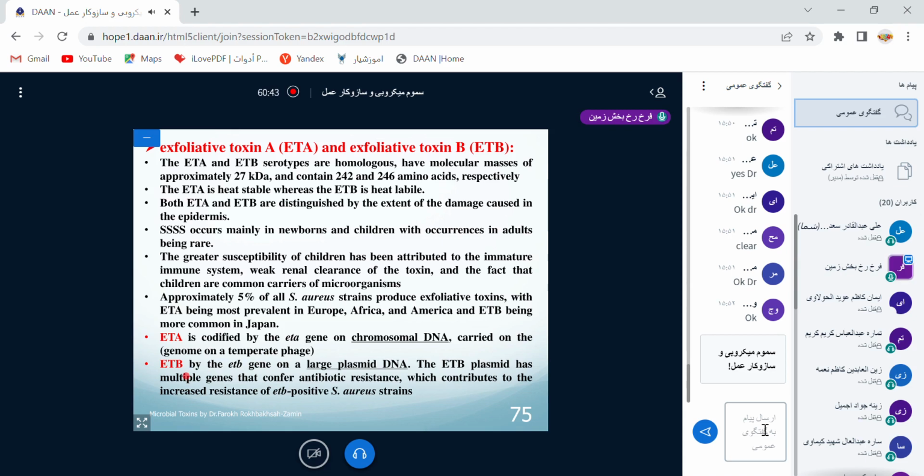ETB as a phenotype is related to the ETB gene, and it is not related to a virus and not related to the chromosome. It is related to a large plasmid DNA.